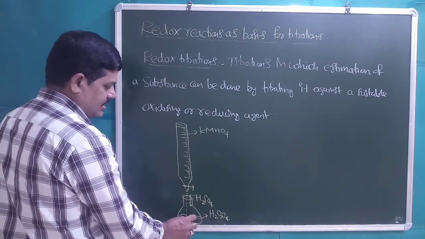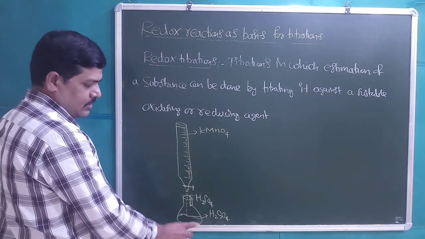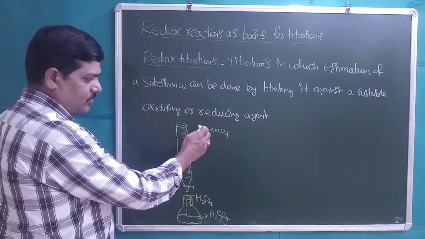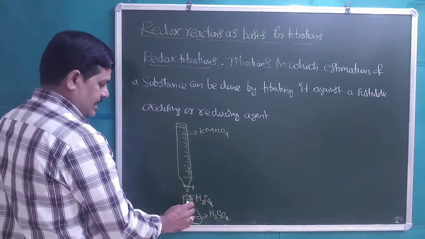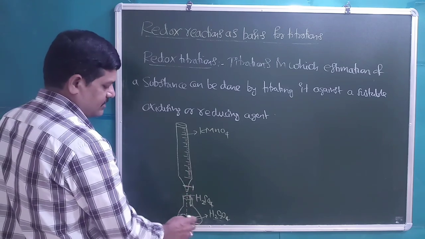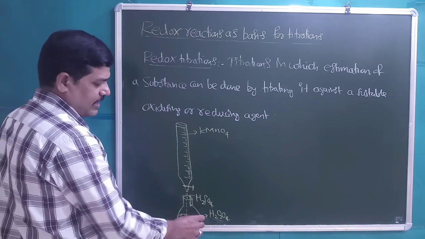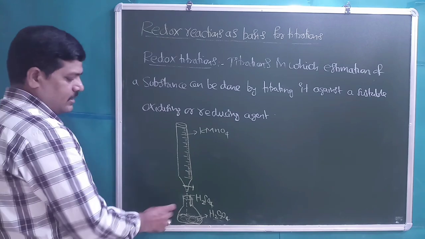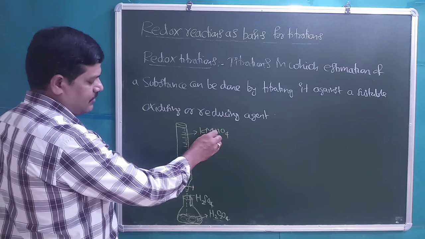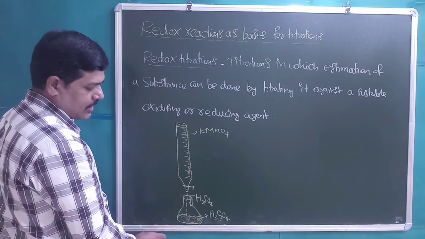When all the H2C2O4 present in the conical flask has completely reacted with the KMnO4, if we add an extra drop of KMnO4, immediately the color of the solution will turn pink. Here there is no need of an external indicator. Potassium permanganate itself acts as an indicator in this case, a self indicator.